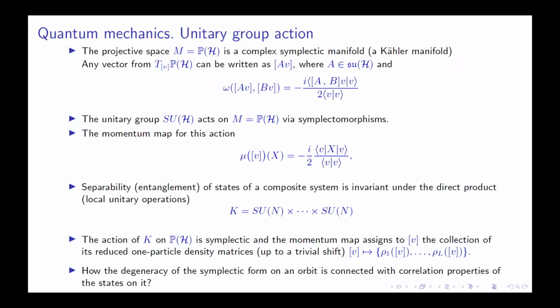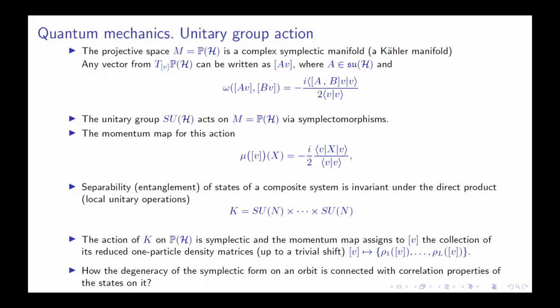And then you can easily see what the image of this is. These are simply the reduced density matrices of each subsystem. You have to shift it a little bit.